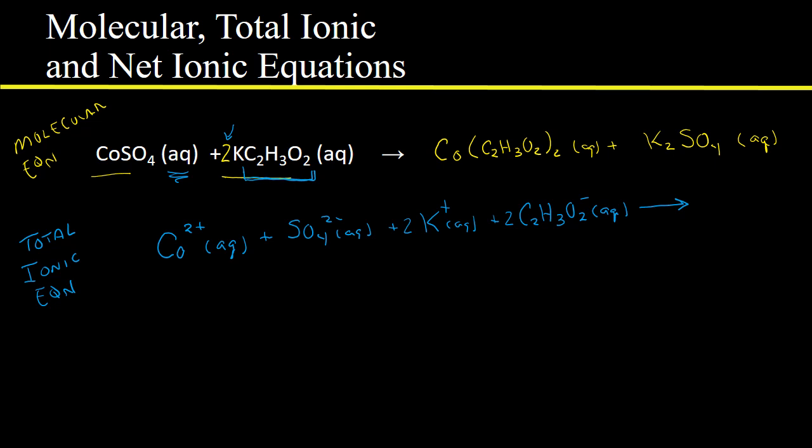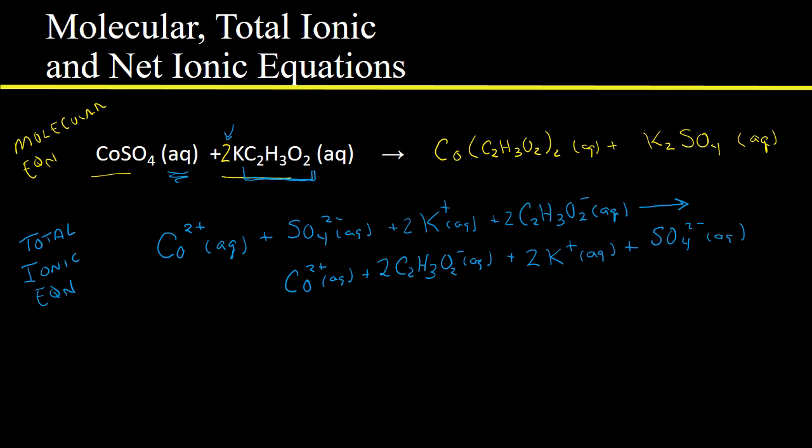And so our products are going to be cobalt acetate, which is going to give us cobalt ions and acetate ions, and potassium sulfate, which is going to give us potassium ions there. So that's our total ionic equation.